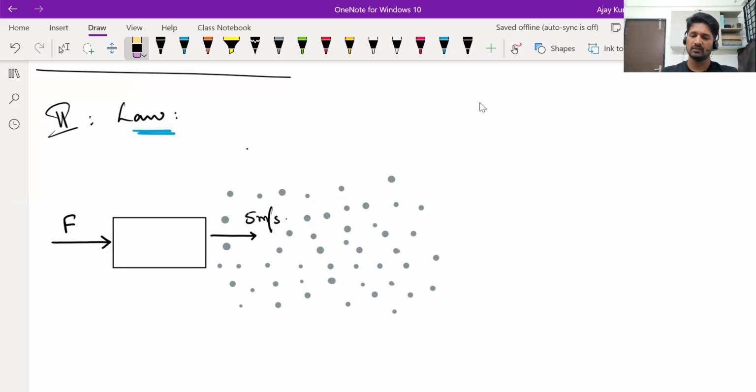So effectively, what I mean to say is that for the state of motion of an object or a system, you can tell whether it has changed or not, depending on a quantity which includes both mass and velocity. And which is the quantity which includes both mass and velocity?